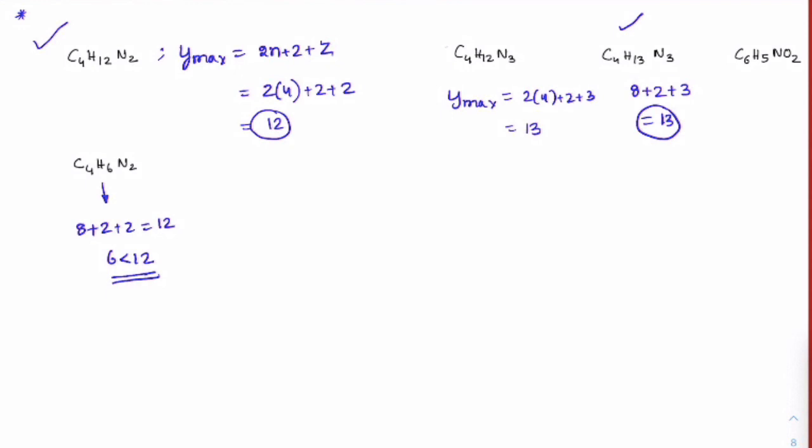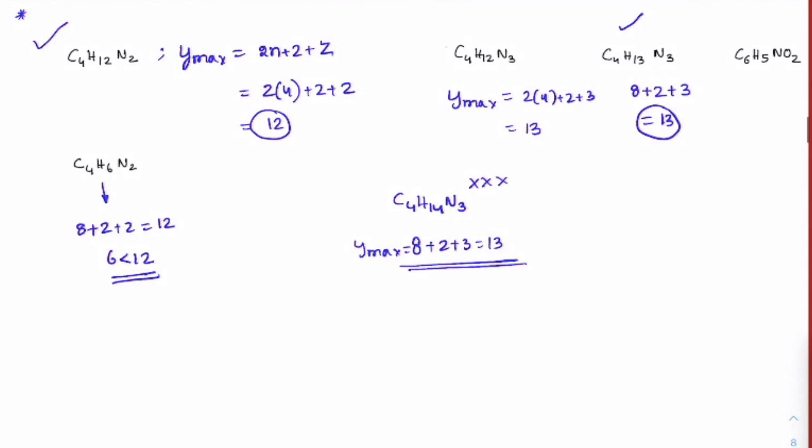For instance, if I take C4H14N3, if you check, it is 8 plus 2 plus 3. The maximum number of hydrogens you can have is only 13. And if it is given 14, definitely this molecule does not exist.